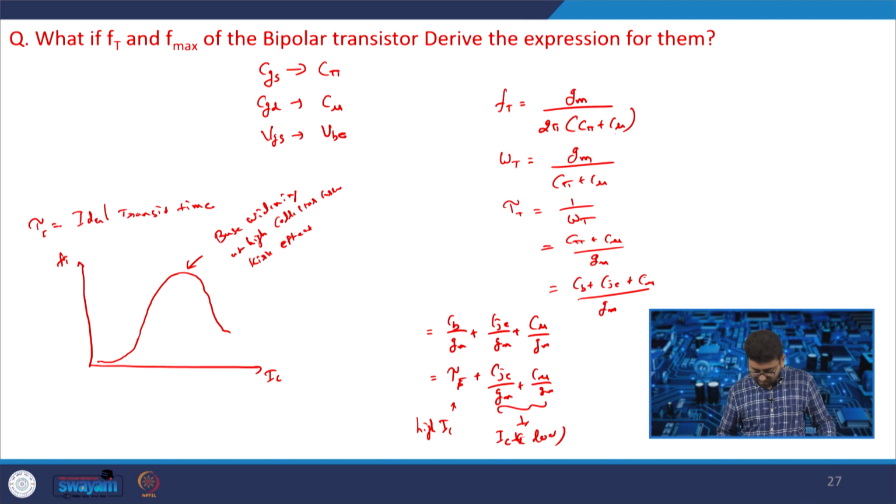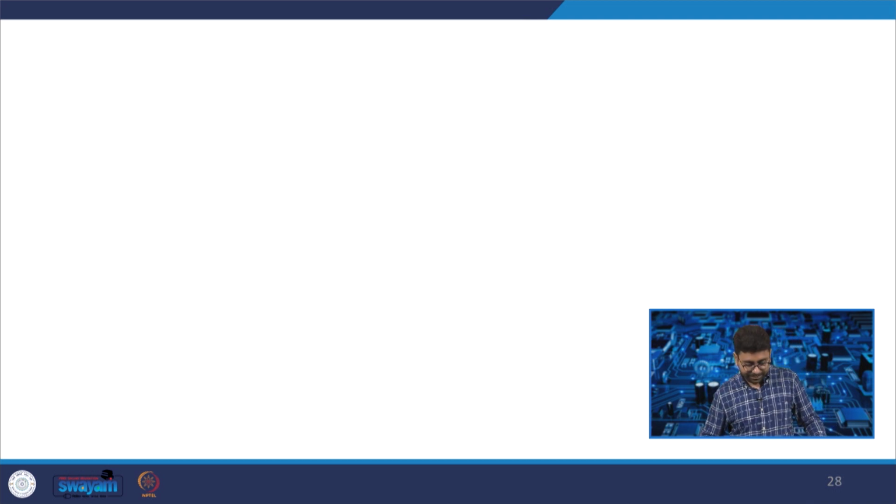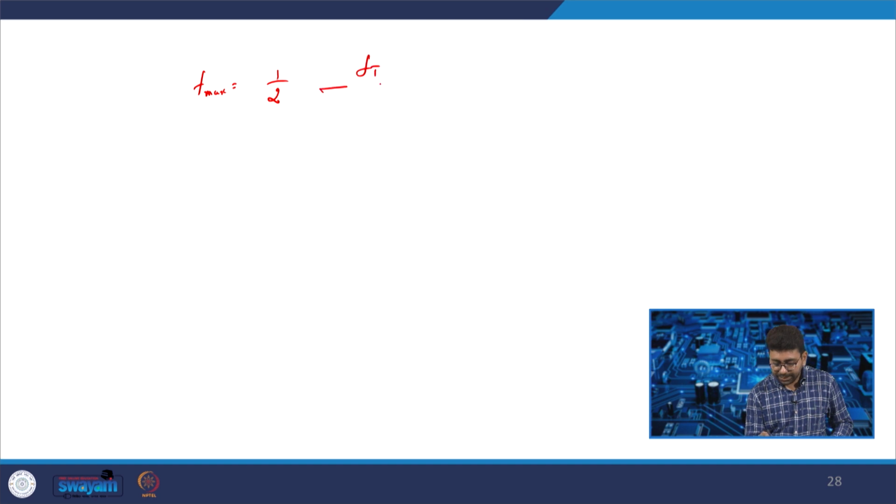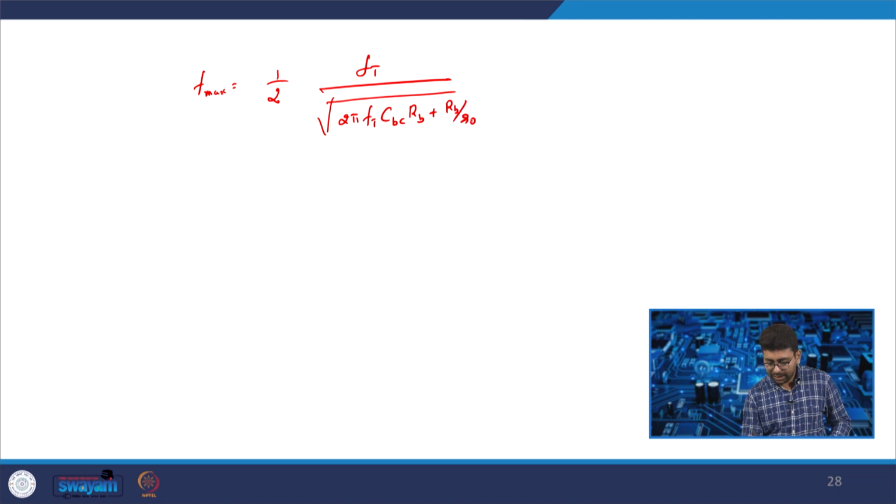F max we can also write the same as for a MOSFET. Here in MOSFET we have written F max, which is half Ft, 2 pi Ft C. Now it is a CBC, in this case RB plus RB by RO.